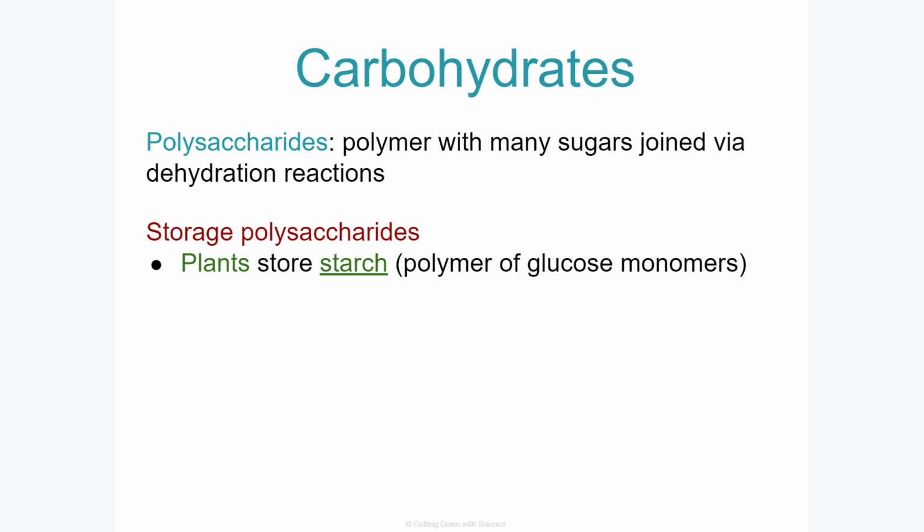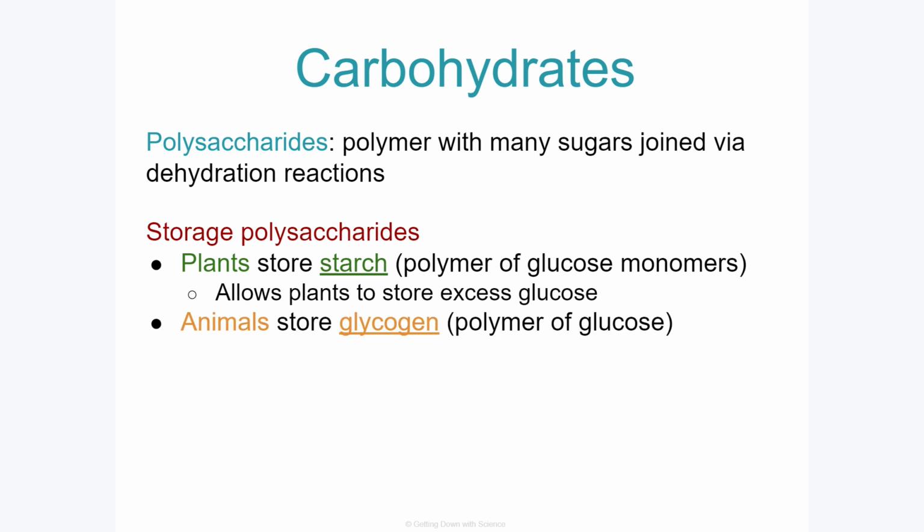Plants store carbohydrates in the form of starch. Starch is just a polymer of glucose monomers. So it's just a bunch of glucose bonded together and stored. This allows plants to store that extra glucose that can be used later on as food for their body.